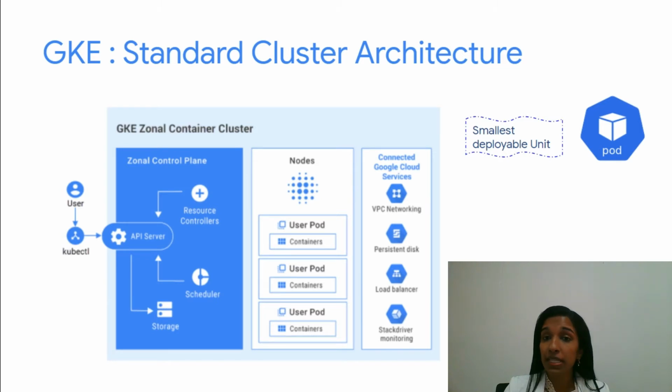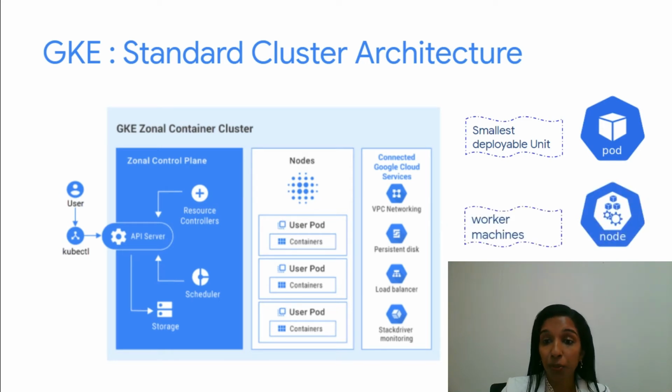Inside the node, what is a node composed of? A node is going to have a set of pods, and these pods are the smallest deployable unit, and each pod can have one or more containers running on it. And a group of pods create the node, and they are worker machines. They can be physical machines or virtual machines.